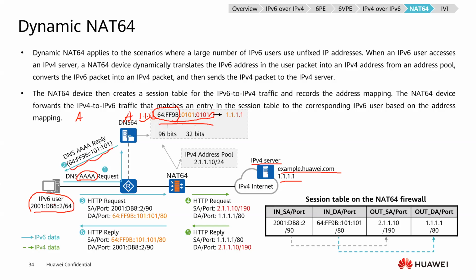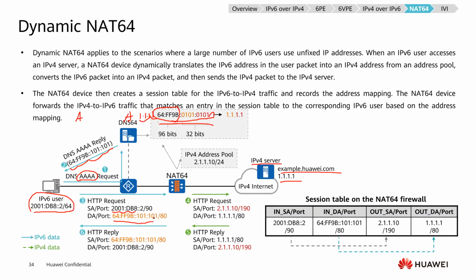So when the IPv6 user receives this reply, it will create its IPv6 packet, with the source address being the user's IPv6 address and the destination address being the server's mapped NAT64 IPv6 address.